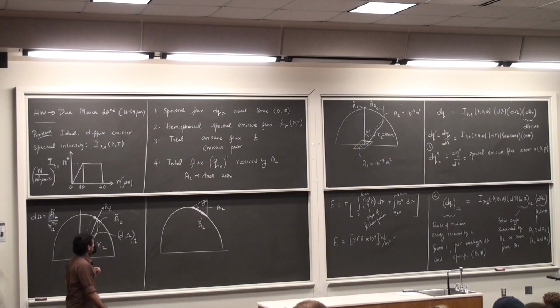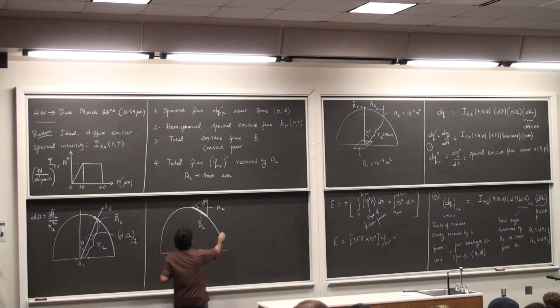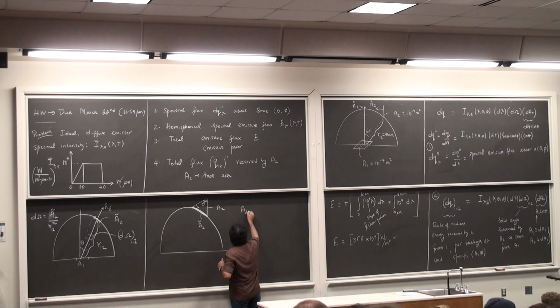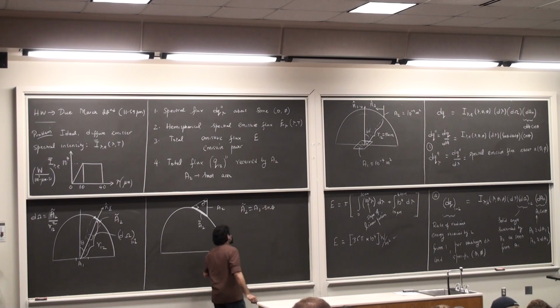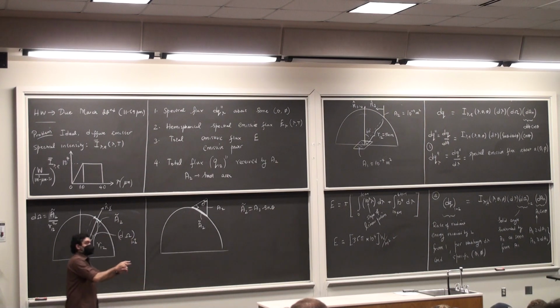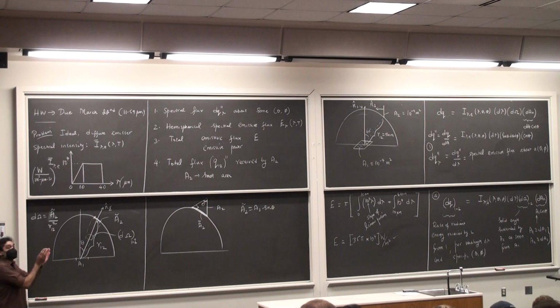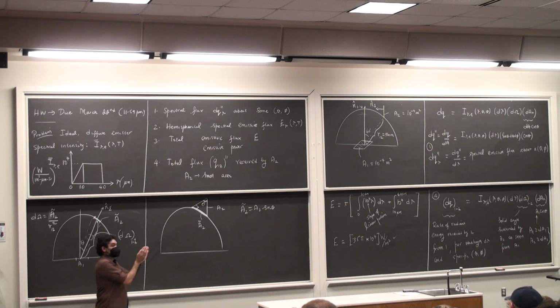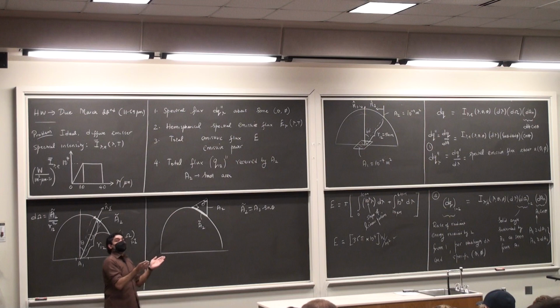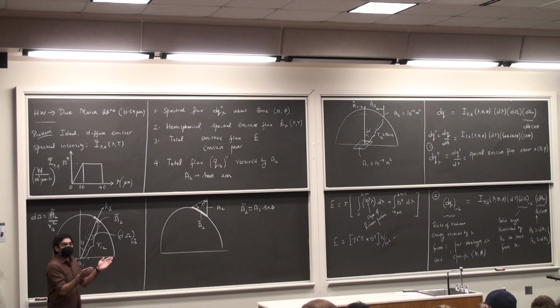You can figure it out. And so this A2 tilde is going to be A2 times sine theta. And mind you, in this problem, for the last part, we are not doing any integration over theta because I'm looking only at a fraction of the area on the hemisphere. I'm not looking at the total hemispherical emissivity or something of that sort.